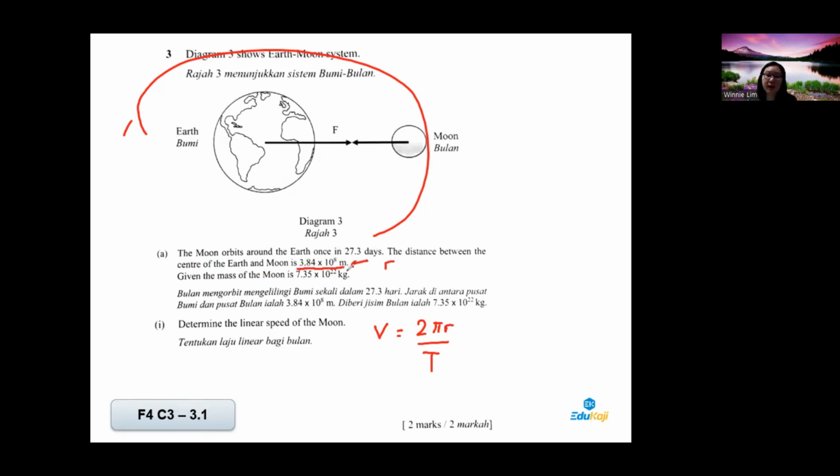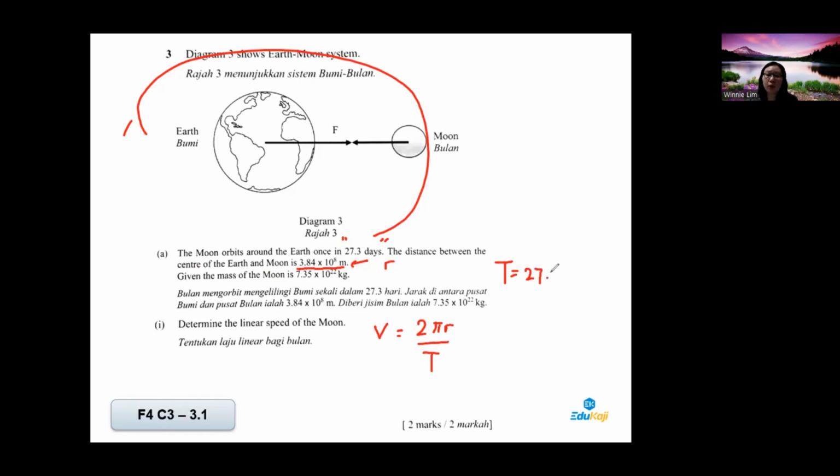It is already in SI unit, so you no need to worry. But the time, are you going to put 27.3 days inside? Cannot. You have to change your period into second, because second is the SI unit.